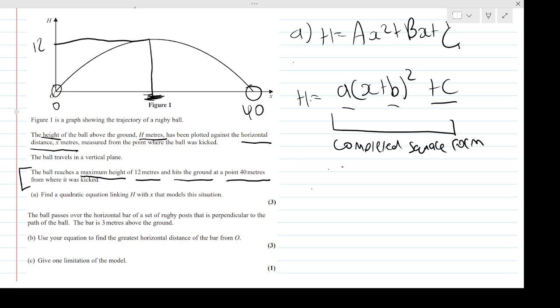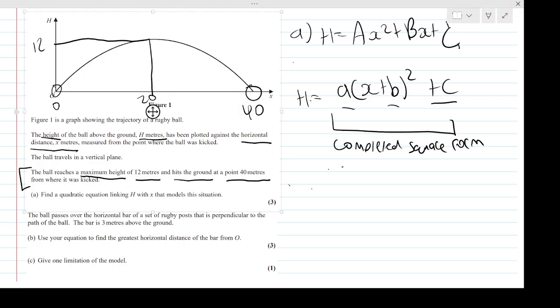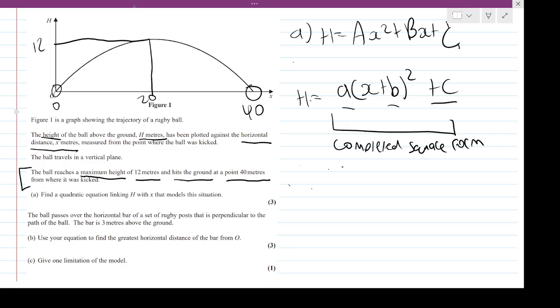But then actually we can also work out what this value of x is, right? Because isn't that just midway through? So midway between 0 and 40 is the same as this distance here. That's going to be 20, because half of 40 is 20. And remember, we did briefly talk about it, but we can create a mirror line, and the mirror line is the line of symmetry.